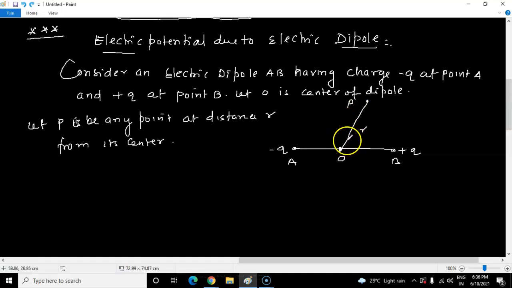So this angle we can assume as theta, right? This angle I am assuming is angle POB. This angle between PO and B is theta. So the opposite angle will also be theta only, right? Any doubt in this?